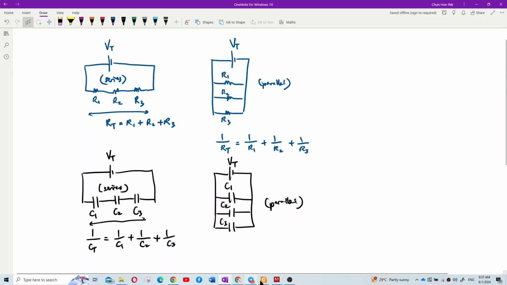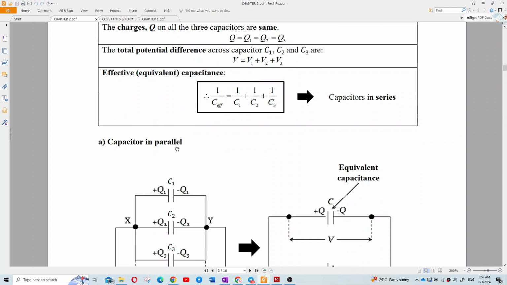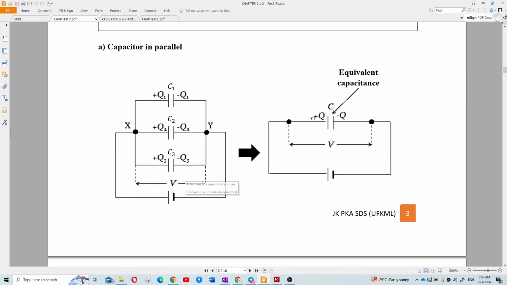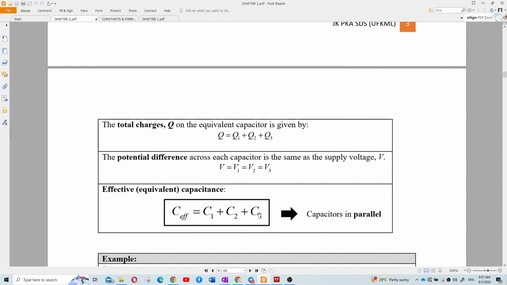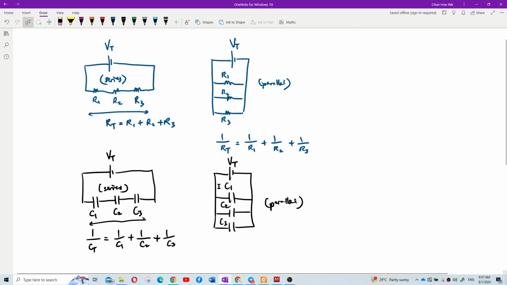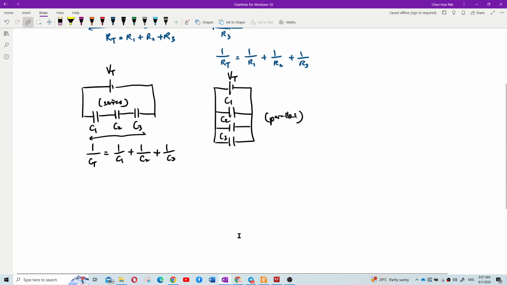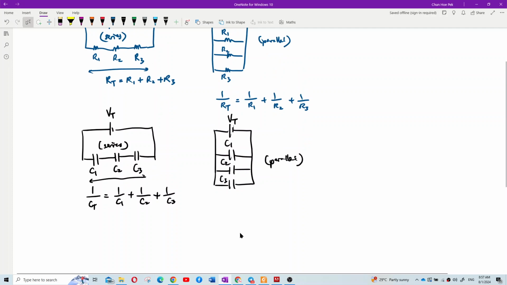What is the formula for capacitor in parallel? Surprisingly, it uses C1 plus C2 plus C3, just like the resistor in series. The total capacitance, C total, is C1 plus C2 plus C3.